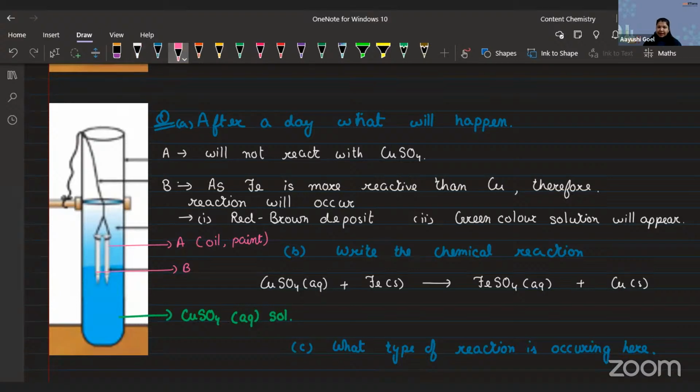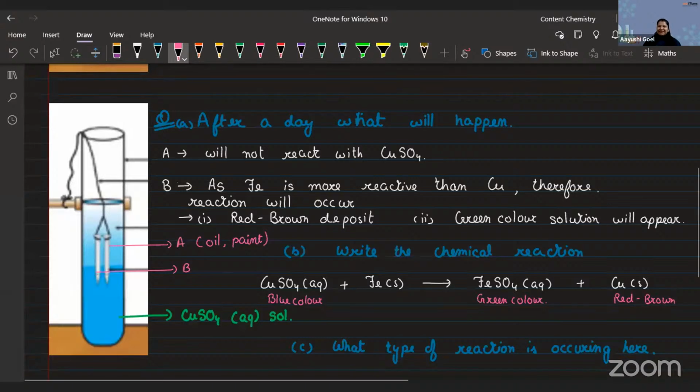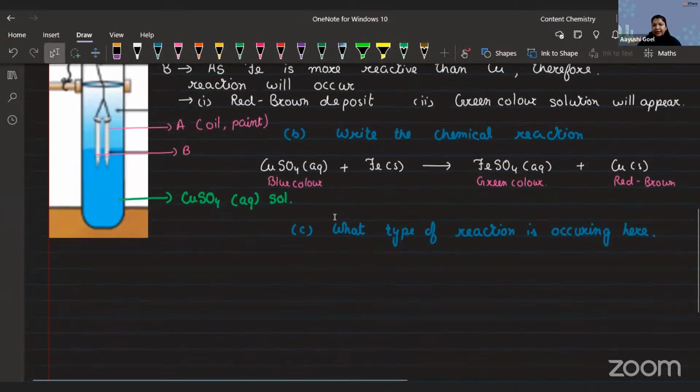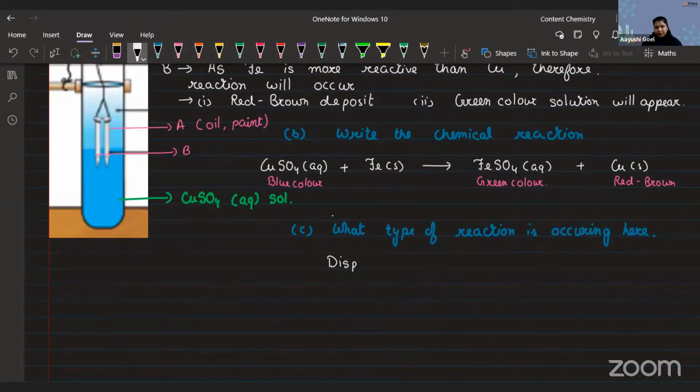Now do write their color. So this is a blue color solution. And this will become your green color. And this is your red-brown deposit, which you have observed there. Clear? And what type of a reaction this is? This is a single displacement or displacement reaction.